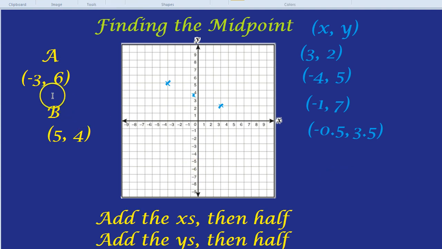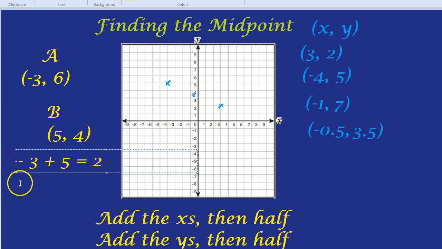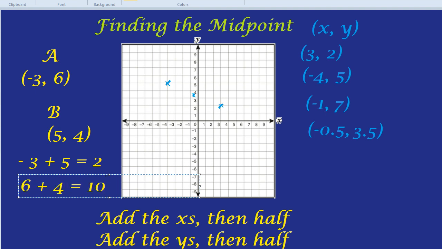Let's do that. Add the x's. What's -3 plus 5? -3 plus 5 is 2. What is 6 plus 4? 6 plus 4 equals 10. So that was the x's, that was the y's.